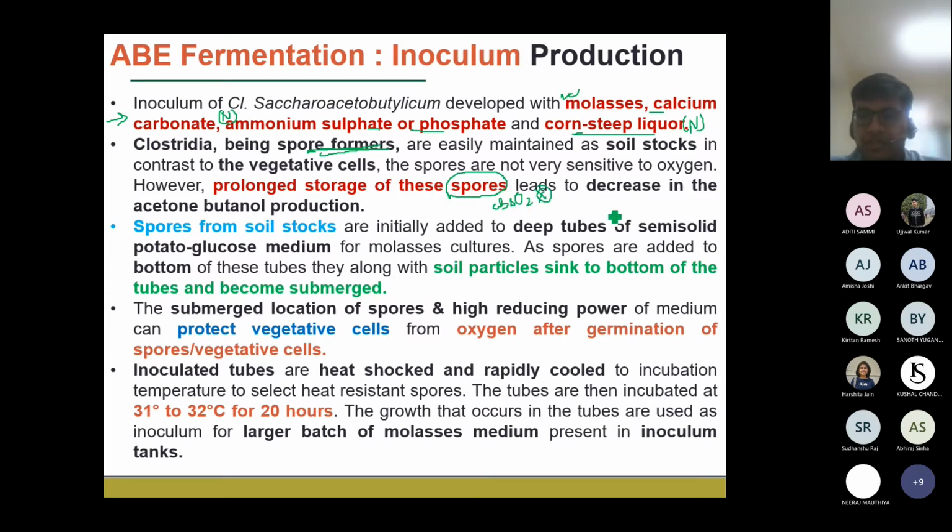So generally, the stocks used for the preservation of microorganisms, especially in the case of Clostridium, are stored as soil stocks.